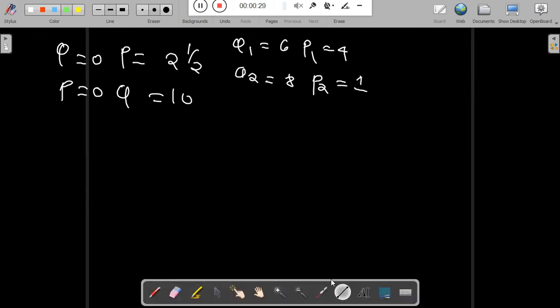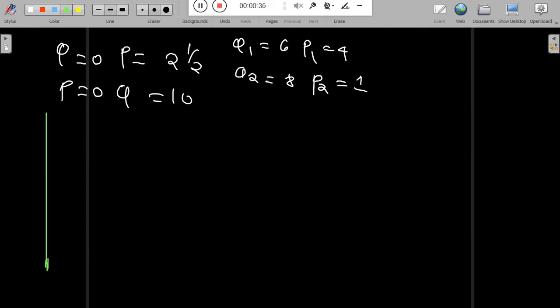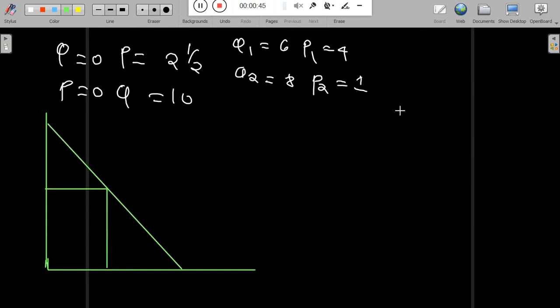So let's sketch out our graph so that we can find the consumer surplus. When you sketch the graph like this, as you can observe, we indicate the equilibrium point. The y-axis is the price, and the x-axis is the quantity of output.